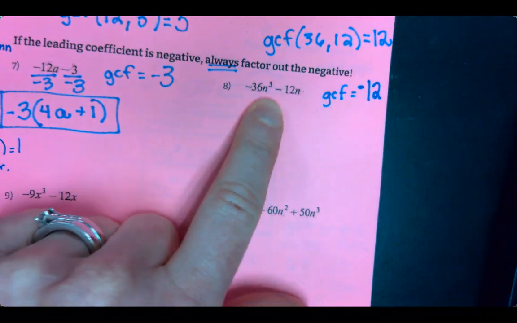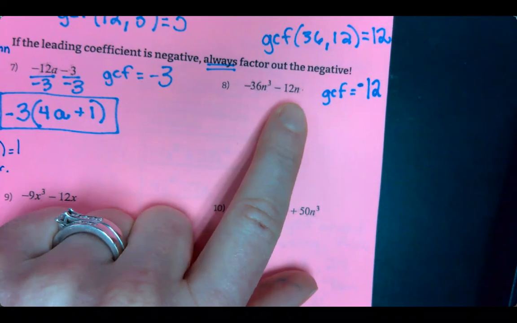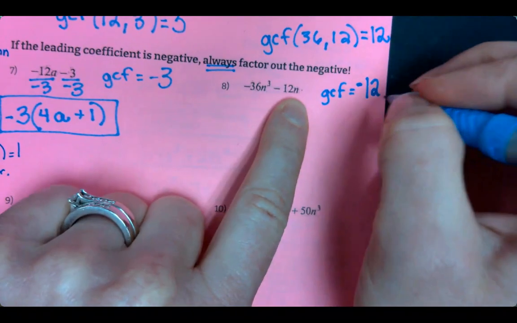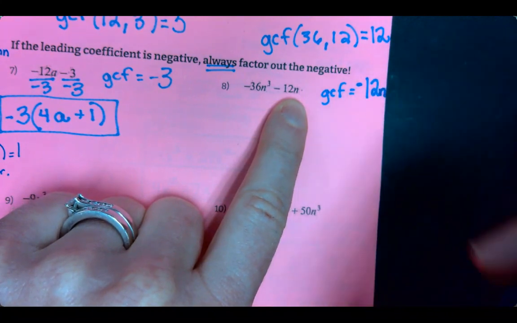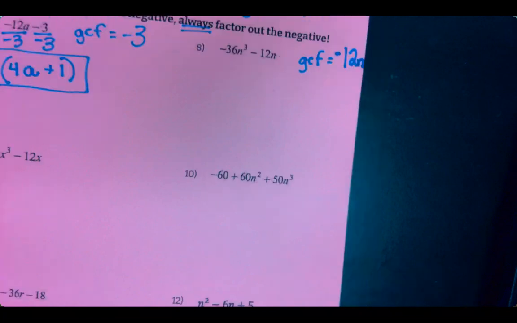And then we look at our variable. They both have n in common. And whenever you do GCF, you choose the smaller exponent. So that would be just n. Because they both have n's, and the smaller is just regular n.